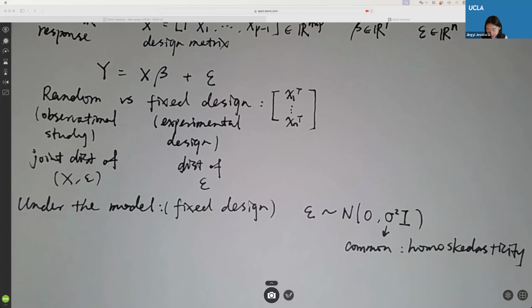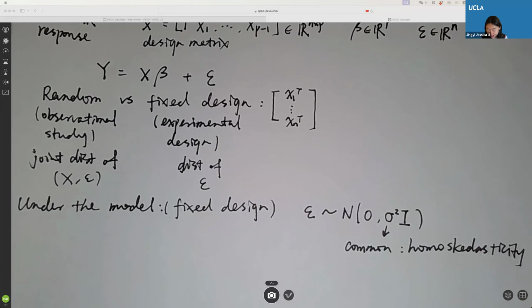Okay, so that's all I want to say for the variance part, and we have talked about bias and variance for beta hat. Any questions before we continue? Again, the most important thing is to consider randomness, to think about what is the random vector in the whole model setup.